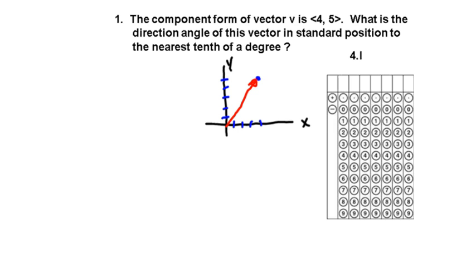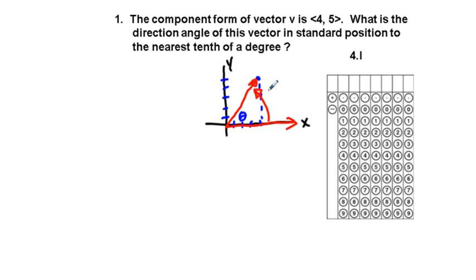What we have is a triangle we can form, and there's an angle from the right. Angle in standard position has to do with, from the right, what is the angle that this thing is rotated up.